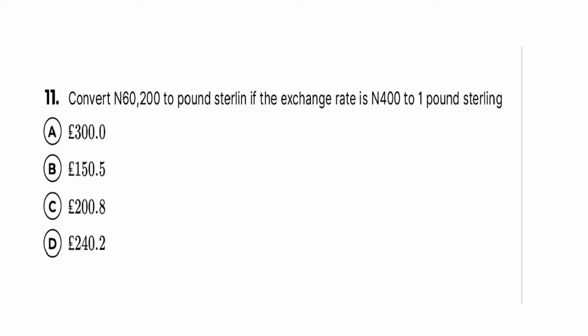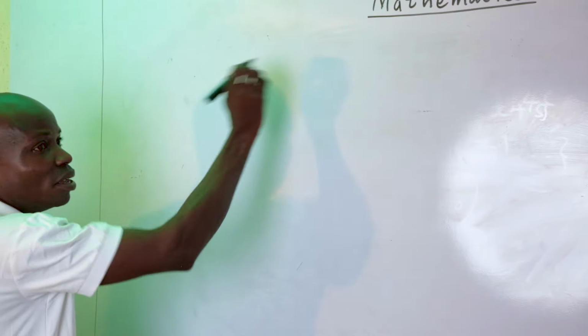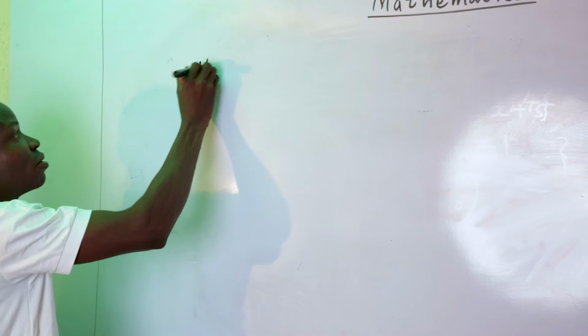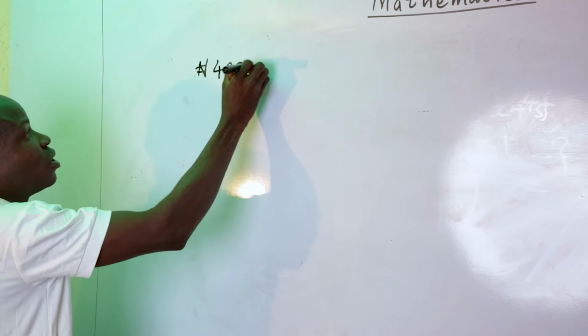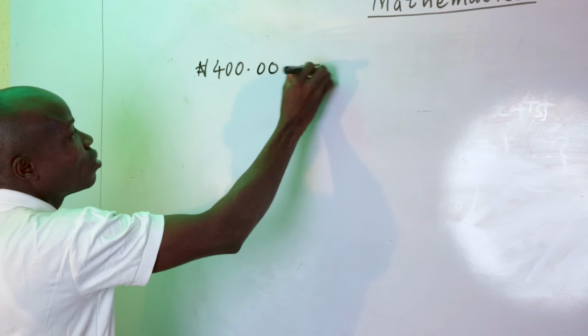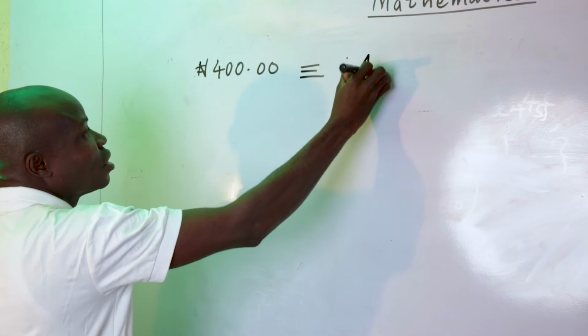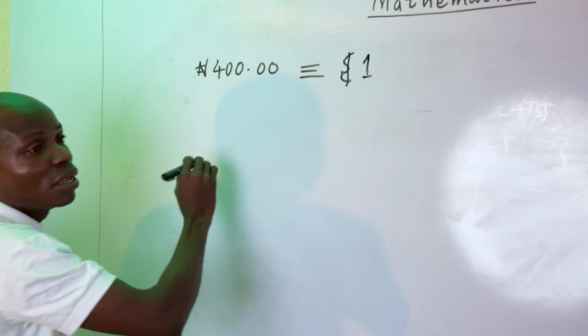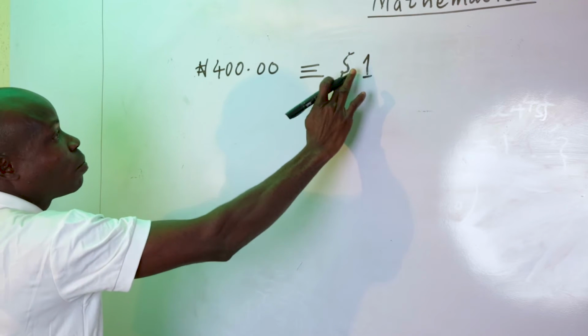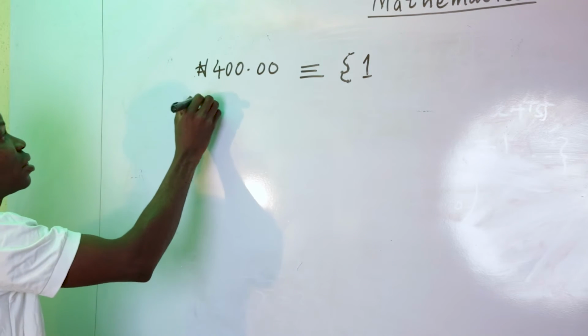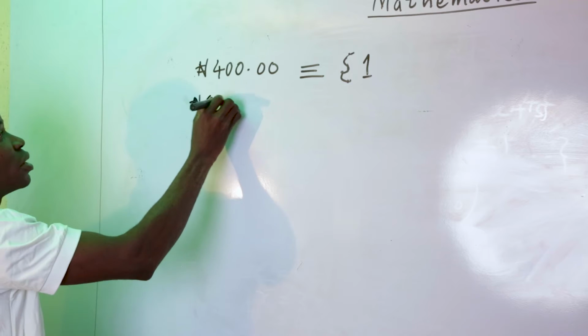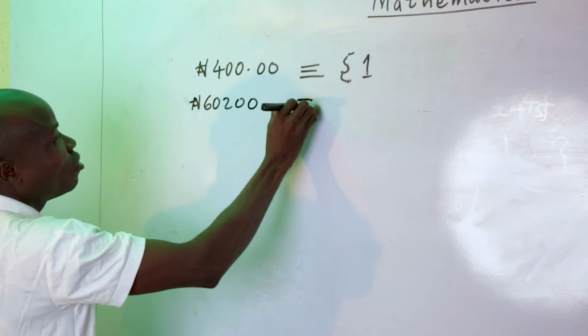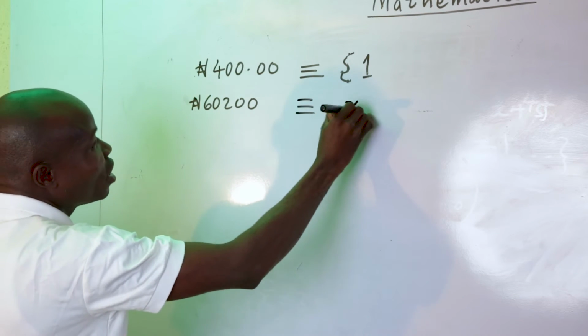Convert 60,200 naira to pound sterling. The exchange rate is 400 naira to 1 pound sterling. In this case, we see that 400 naira is equivalent to 1 pound sterling. Then 60,200 naira, let's make it equivalent to x.